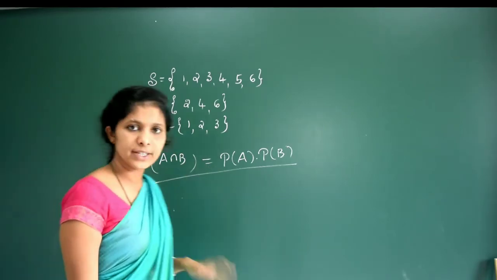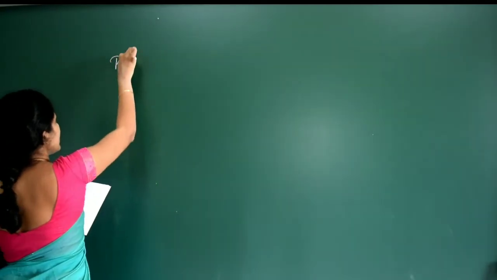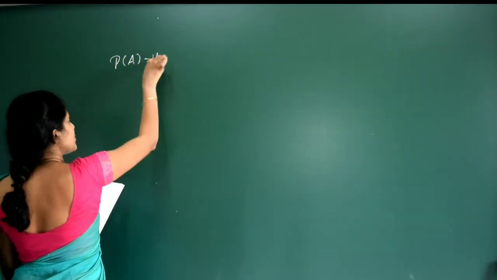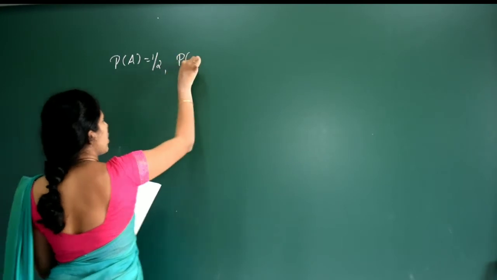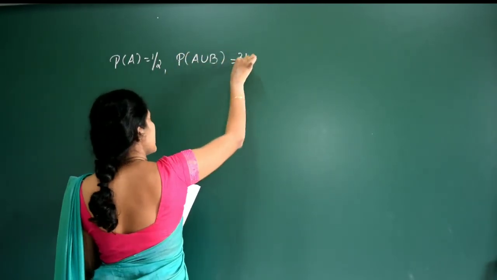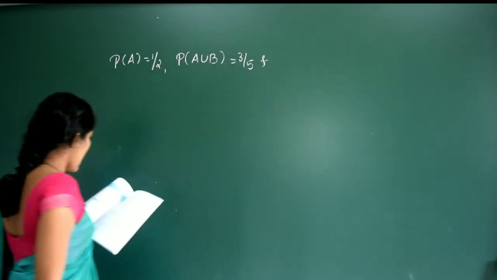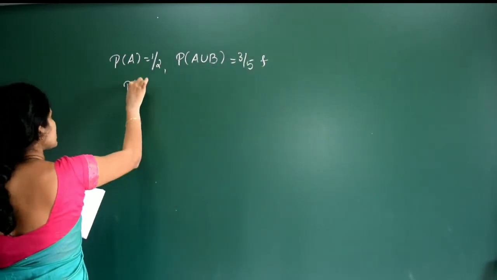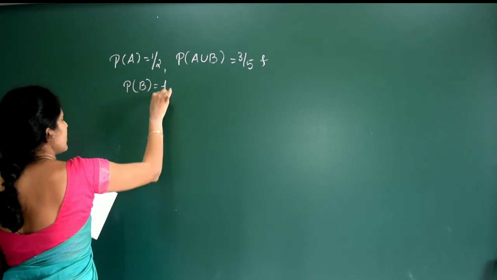Okay? Complete this. Given that the events A and B are such that the value of P of A is 1 by 2, and another one is given, P of A union B is equal to 3 by 5, okay, and P of B is equal to P, this is given.